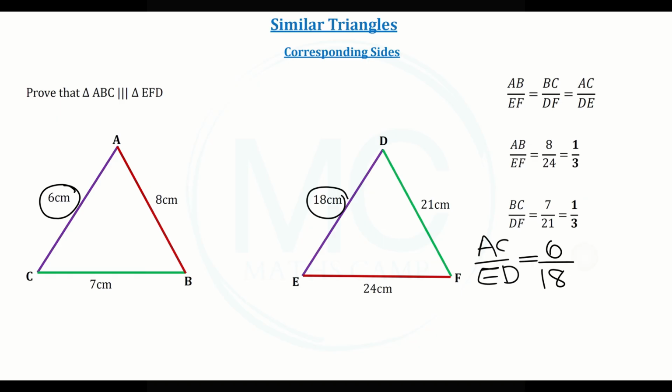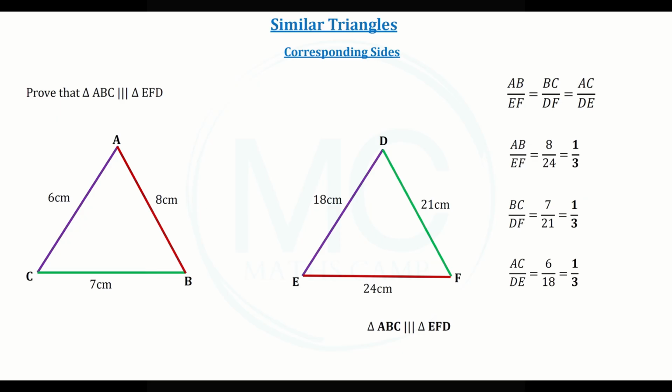So we can simplify. We get a fraction of 1 over 3. Now we know that all three pairs of corresponding sides are in proportion. So these two triangles are similar. So we can write our final answer as triangle ABC is similar to triangle EFD. This is because of corresponding sides. So as our reason, we say S, S, S.